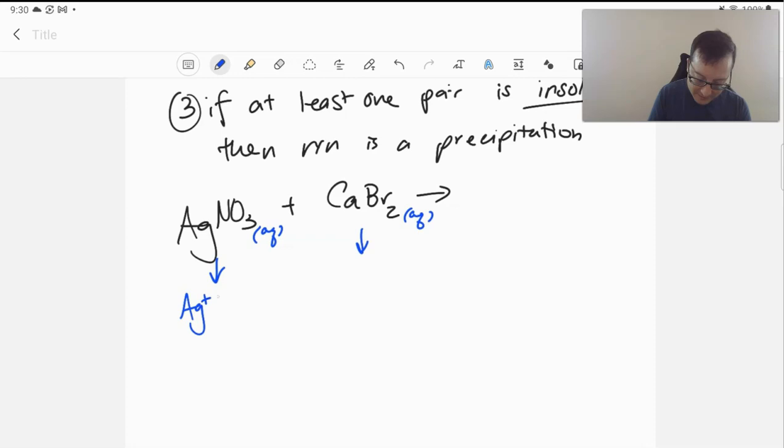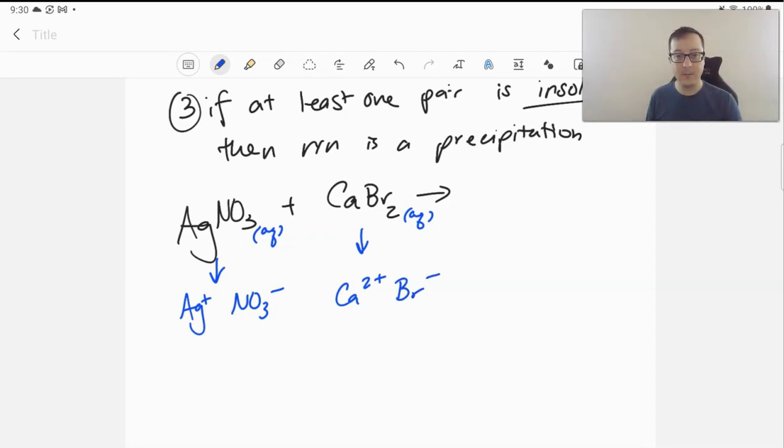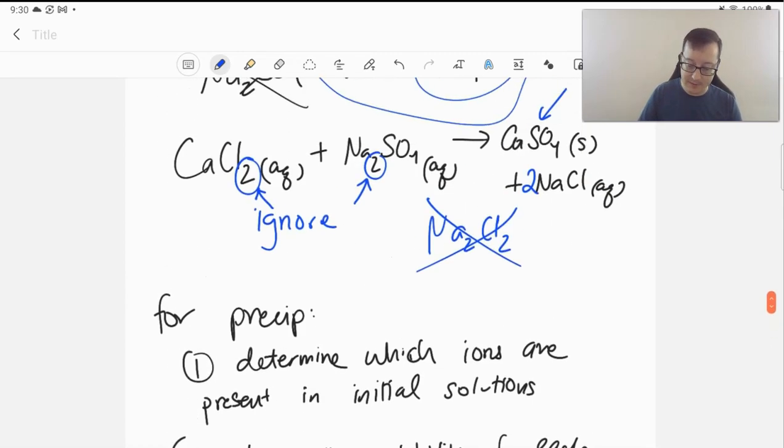So the silver nitrate is made of silver ions and nitrate ions. The calcium bromide is made of calcium ions and bromide ions. We want to evaluate each pair. So let's just go left to right. So silver with nitrate should be soluble because any nitrate is soluble. Silver with bromine, I don't remember. Let's go back up to our rules.